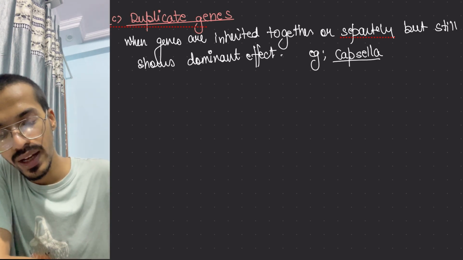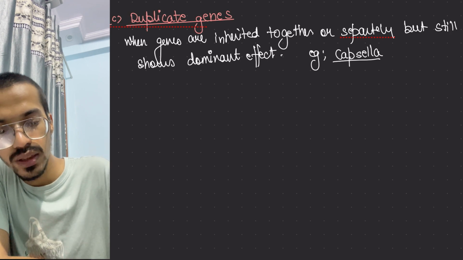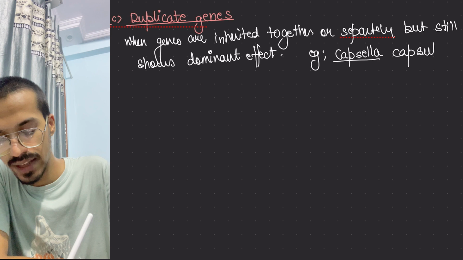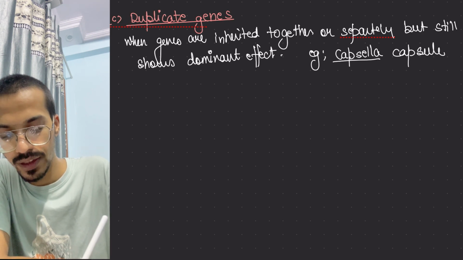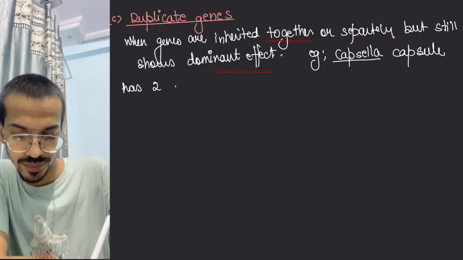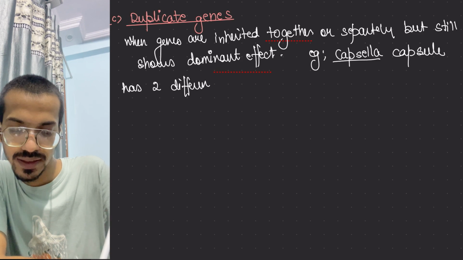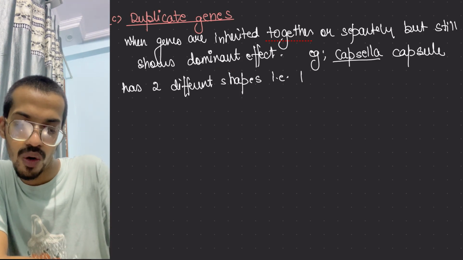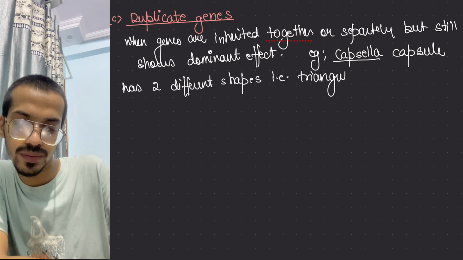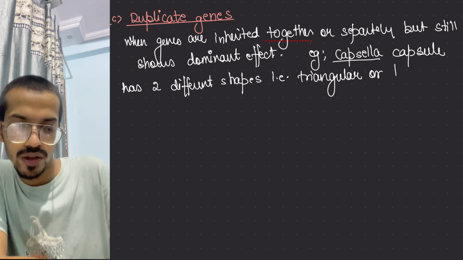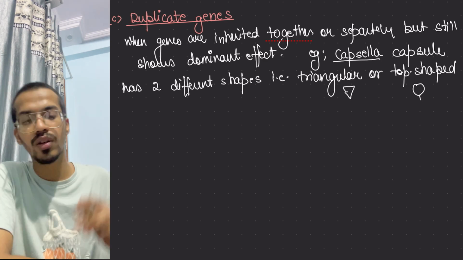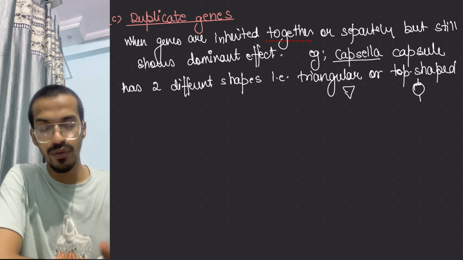So Capsella capsule has two different shapes, triangular or top shaped. Triangular means like this, top shaped means like this. So you have to remember this.